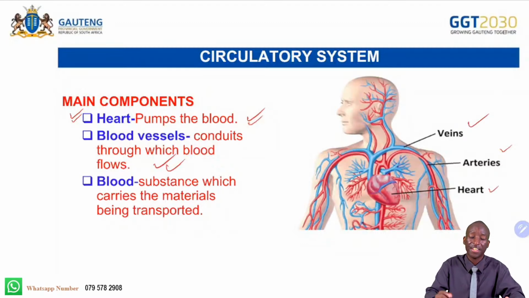If you want to feel your heart pumping, you can just feel it there on the left, next to your chest. You can feel your heart pumping. That's the organ which pumps the blood to all the body parts.